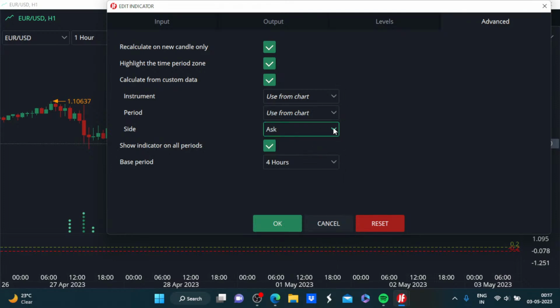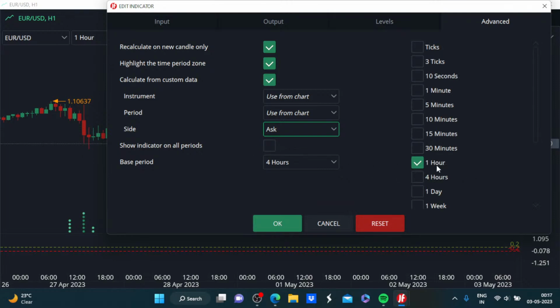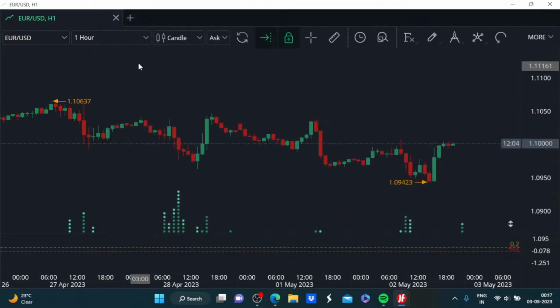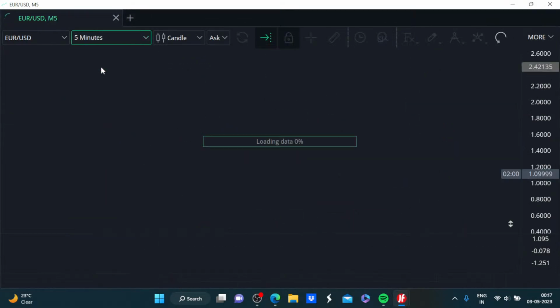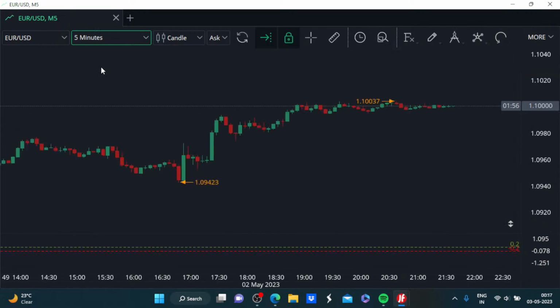Ask and bid, show indicator on all the candle periods. If you want this indicator to be available whenever you change the chart's candle period, you can have it, or else you can specify on which particular candle period you want it. Now that I have opted for 5 minutes and hourly, only on those two time frames will this indicator be plotted.